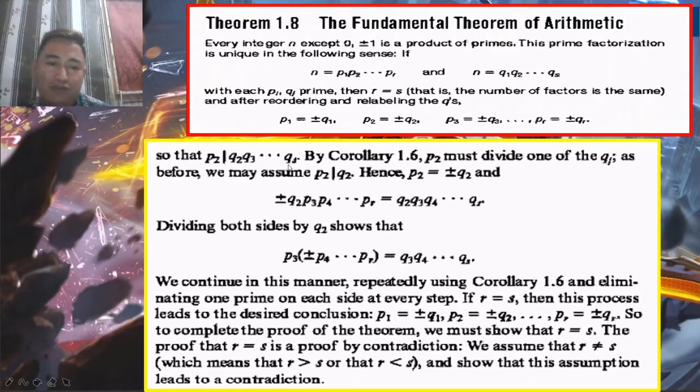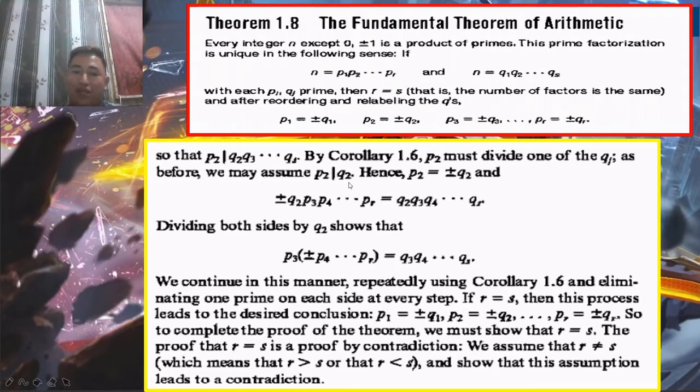As before, we may assume that P2 divides Q2. Since both are prime, P2 is equal to positive or negative Q2. This comes from the earlier remark: if P and Q are both prime and P divides Q, then P is equal to positive or negative Q.